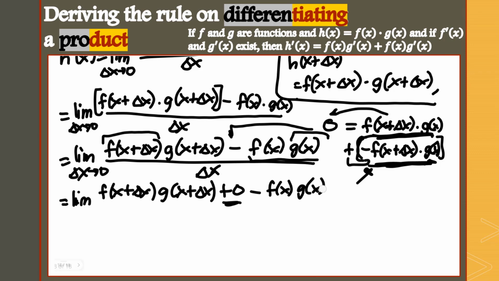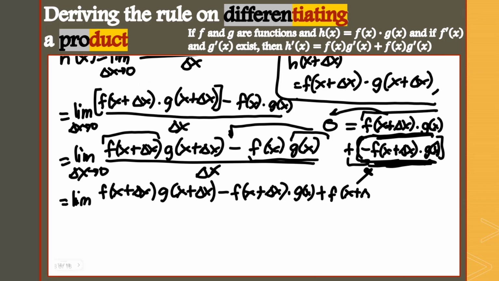So what I would like to use first is this negative, minus f of x plus delta x, okay, times g of x, okay, then plus this upper form, f of x plus delta x times g of x, then minus f of x g of x.